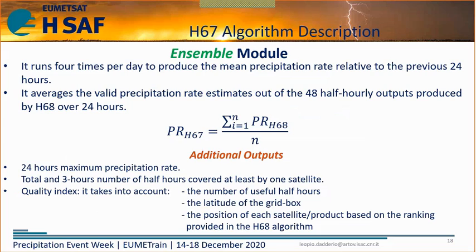Just to better explain, the quality index provided takes into account the number of useful half hours, it means the number of half hours where there is a valid measurement, the latitude of the grid box, and the position of each satellite product based on the ranking provided in the H68 algorithm.